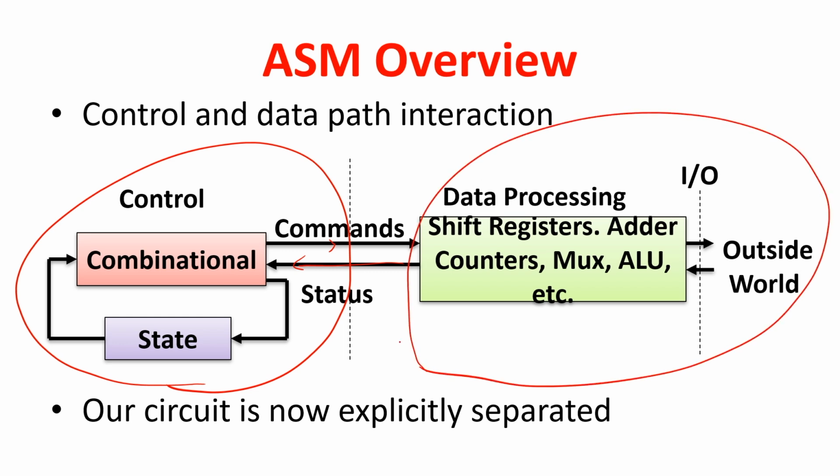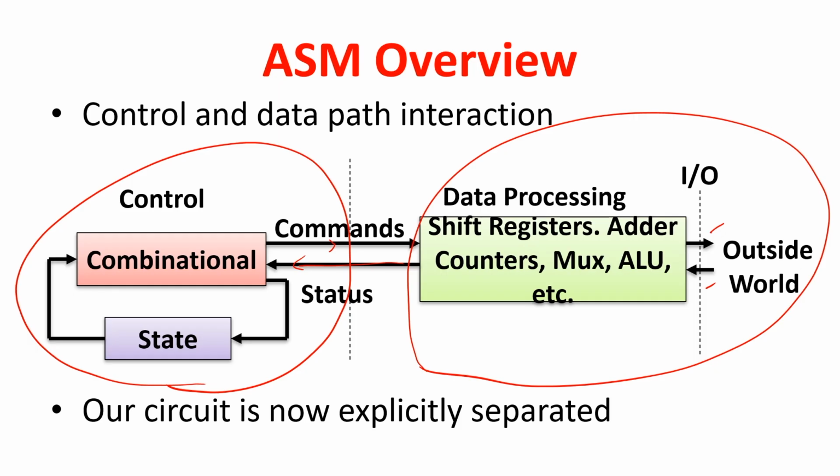In the data processing part, we get data as input from the external world, and we can also send data out, which means IO interfaces with the data processing part.